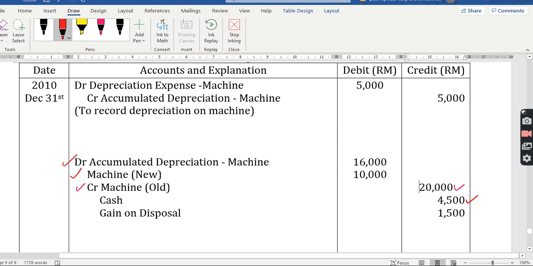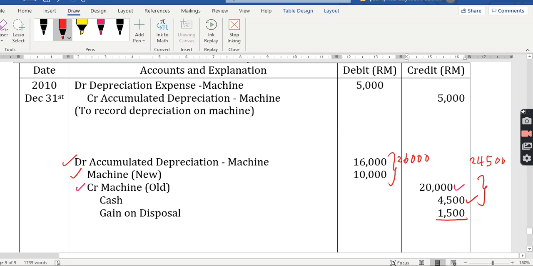As you can see here, on the debit side you have 26,000, and on the credit side you only have 24,500 ringgit. So to balance up the journal for the debit and credit side, we need to put 1,500 to top up the amount.